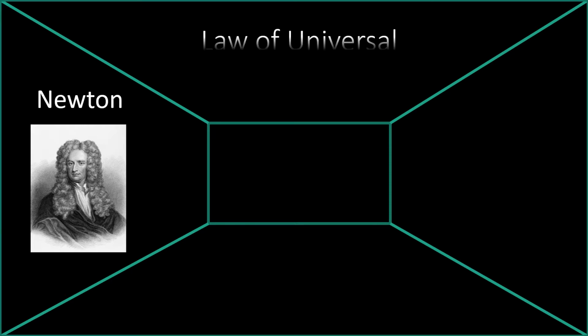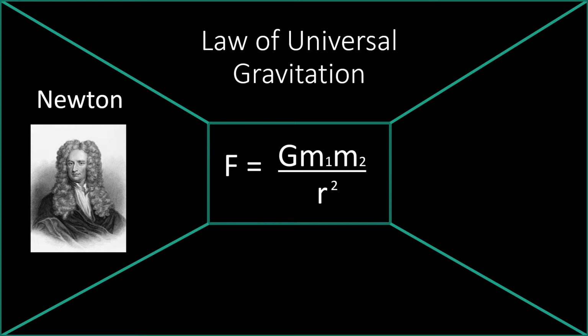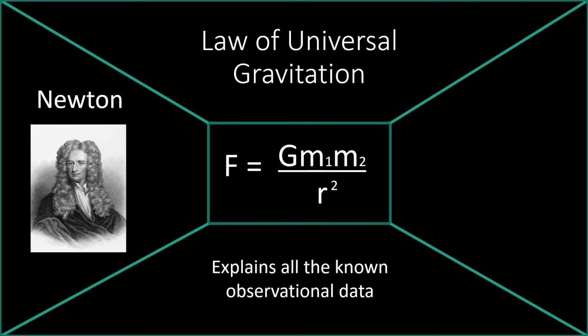The work done by Galileo and Kepler eventually led to Newton's law of universal gravitation, which states that the force between any 2 bodies is proportional to the product of their masses and inversely proportional to the square of the distance between them. Using just this one formula, Newton was able to explain all the known observational data of the time, either as well as or better than previous paradigms, which was a huge triumph for science.